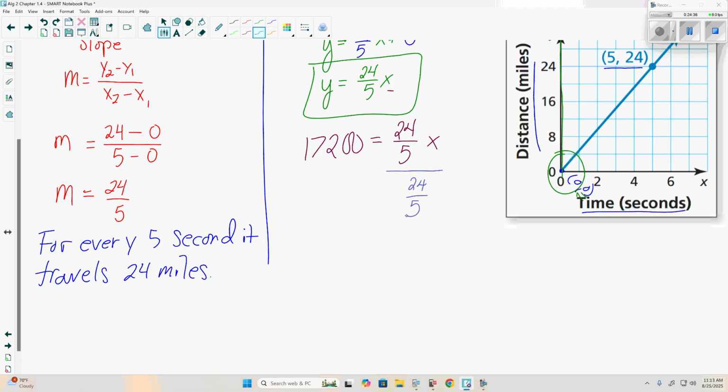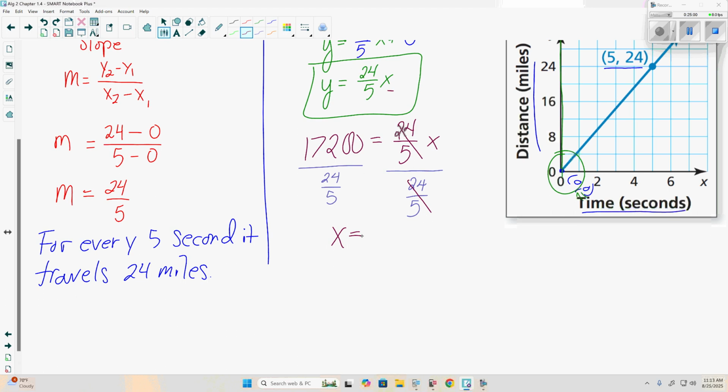Anything divided by itself is not 0. 1. Anything divided by itself is 1. Even if it's a fraction. Because 24 fifths divided by 24 fifths is 1. And what that leaves us with is X. So 1x, or just X.